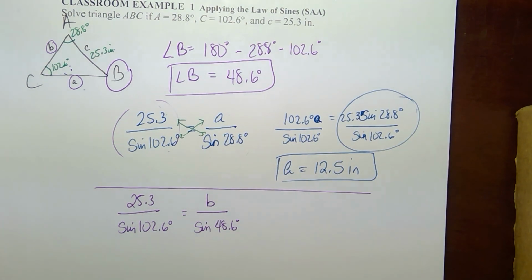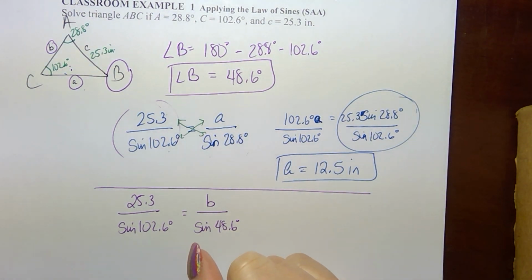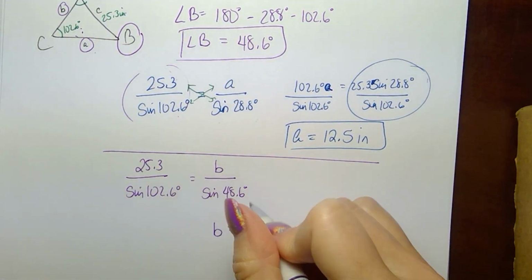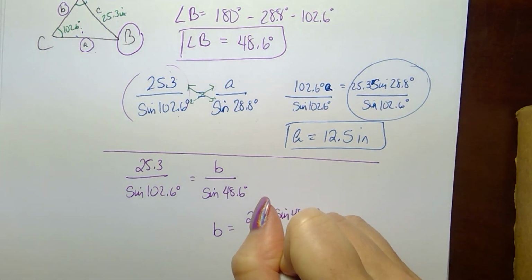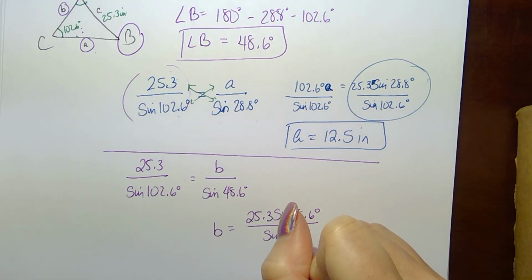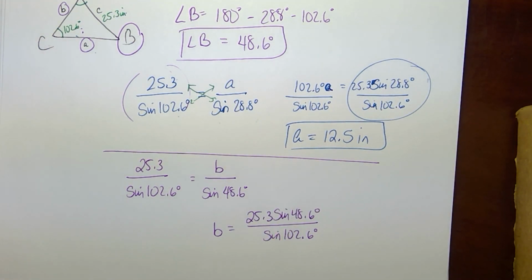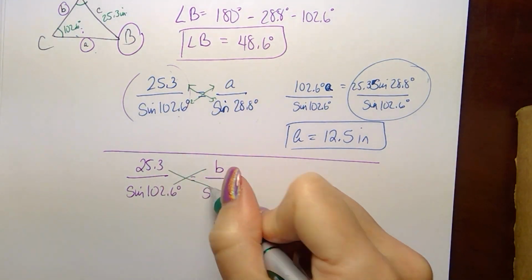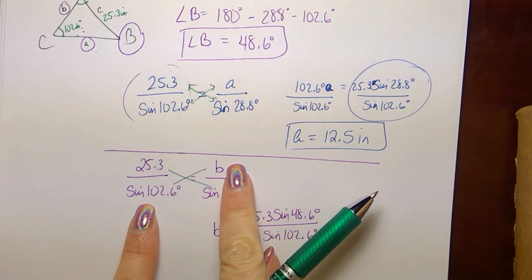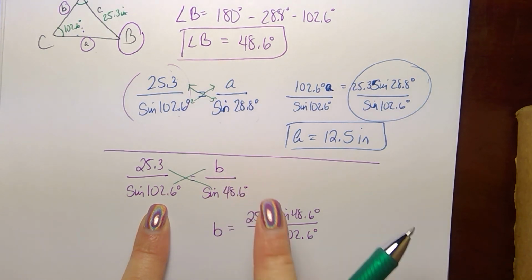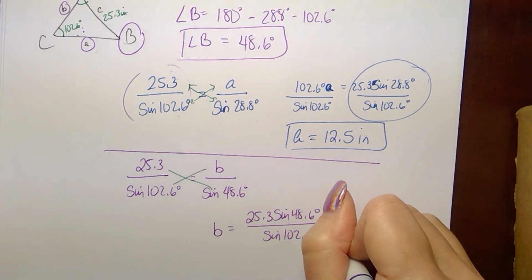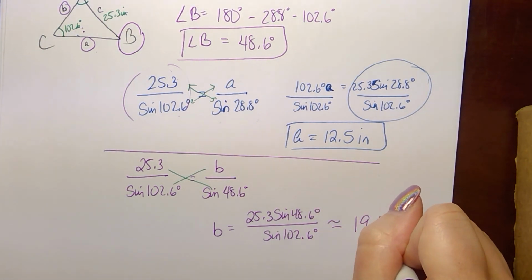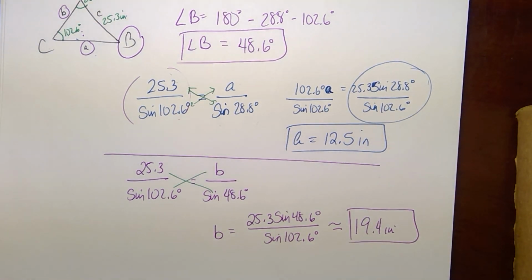So when I solve using my cross products, I have 25.3 times the sine of 48.6 degrees divided by the sine of 102.6 degrees. I set it up using cross product, so I know I'm multiplying these two together, and then I multiply the sine of 102.6 by B, which means to solve for B, I have to divide by that value. When I plug this into my calculator and round it to 3 significant digits, I find out that side B is 19.4 inches long.